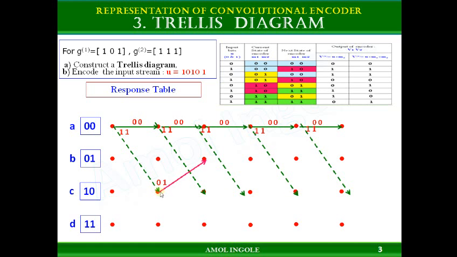From the 1 0 state to the 0 1 state. This is our 0 1 state. And 0 input is given, so I'm showing this with a darker line with output 0 1. You can see this output 0 1. The same thing can be shown for all the remaining time steps from this time step onward.